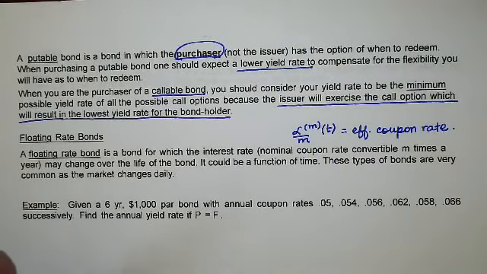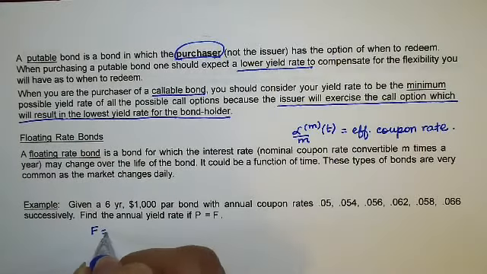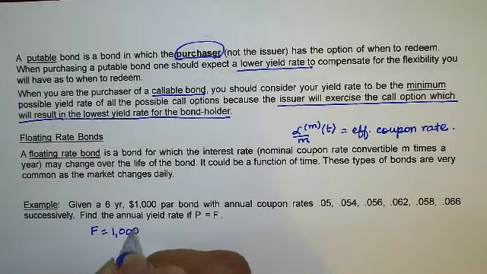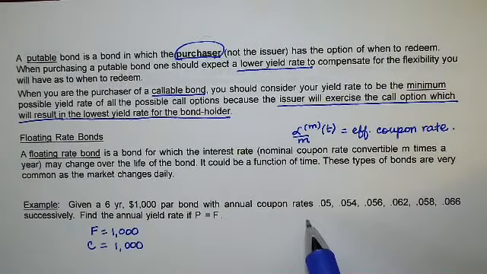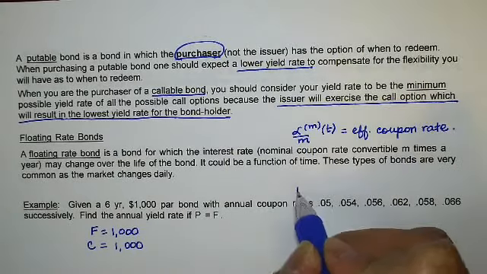Let's do an example. It says, given a 6-year 1,000 par bond, so F equals 1,000, C equals 1,000, with annual coupon rates 0.05, 0.054, and so forth.